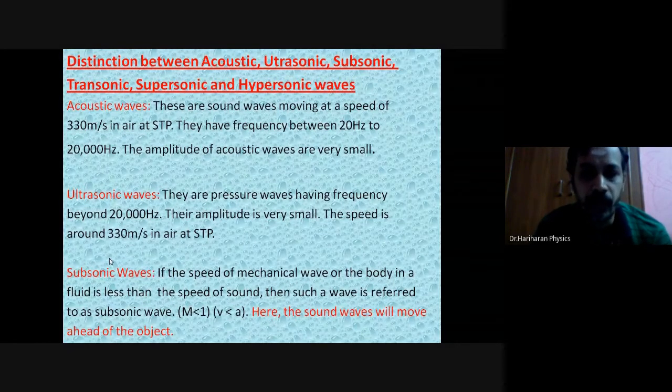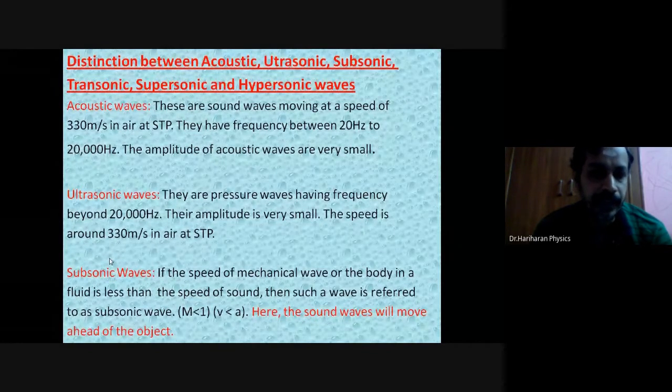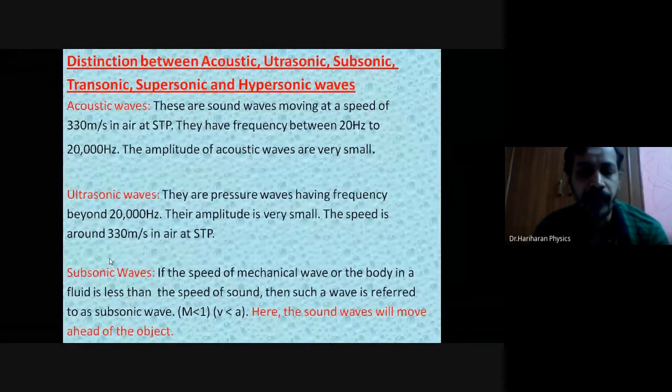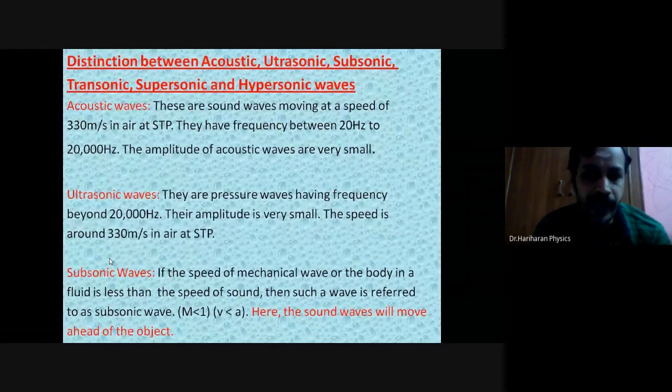And we all know the audible range of our human ear: acoustic waves have a frequency between 20 hertz and 20,000 hertz. The amplitude of acoustic waves is very small. All these things are compared with respect to the motion of a jet. Therefore, in aerodynamics, the amplitude of acoustic waves is small.